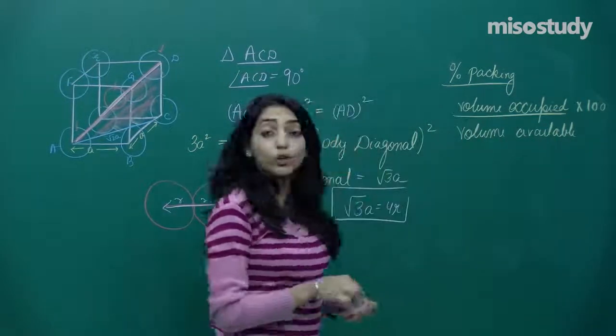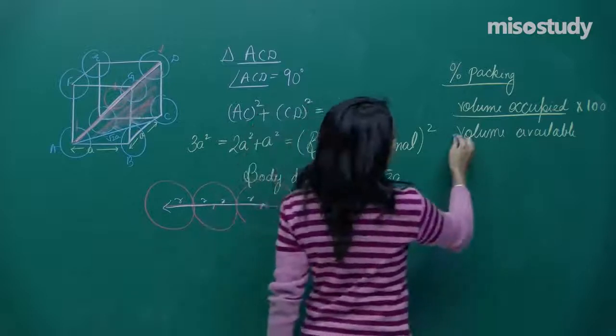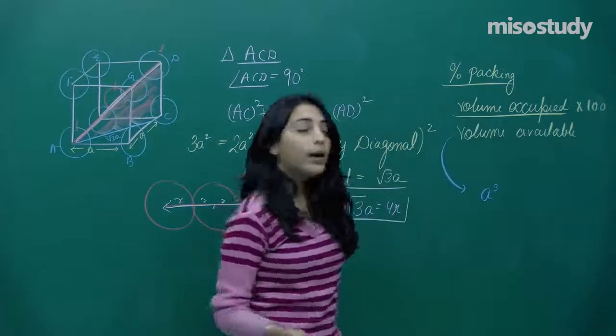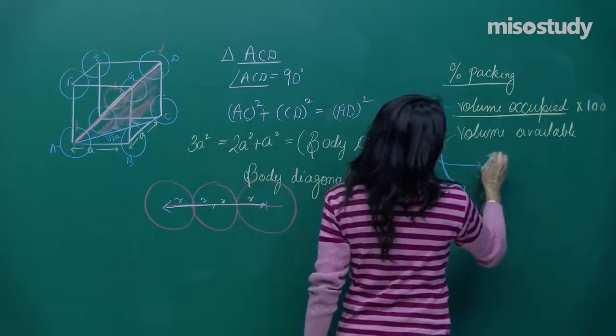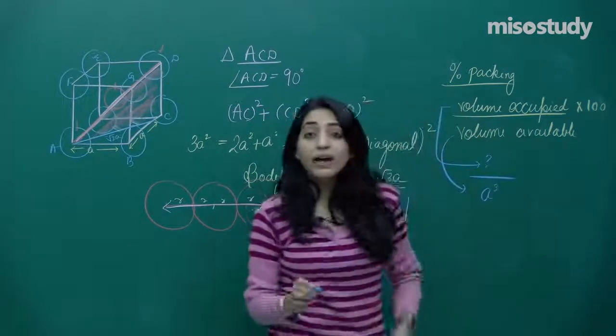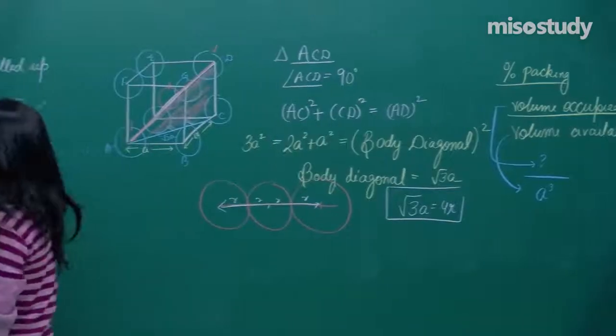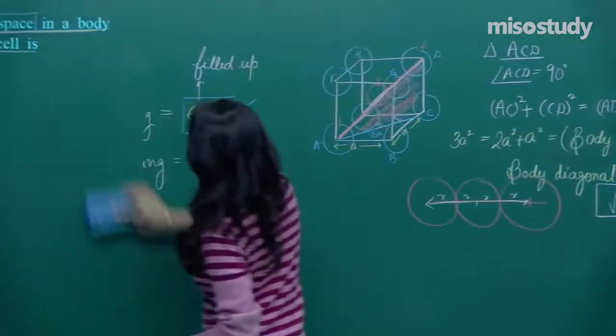Now guys see, it's a cubic unit cell. If it's a cubic unit cell, the volume available can be simply written as a cube. But my question is to find out the volume occupied. If anyhow I get to know the value of volume occupied, I'll get the final answer. Let's see further.